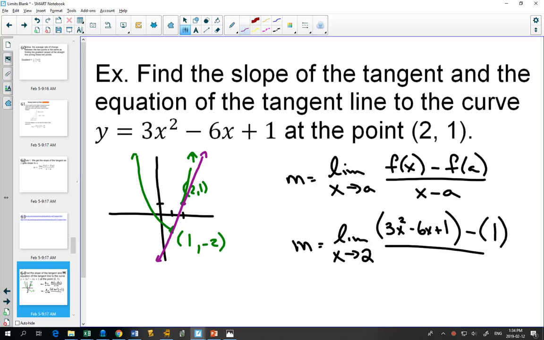Does it make sense that f of 2 is equal to 1? Over x minus 2.